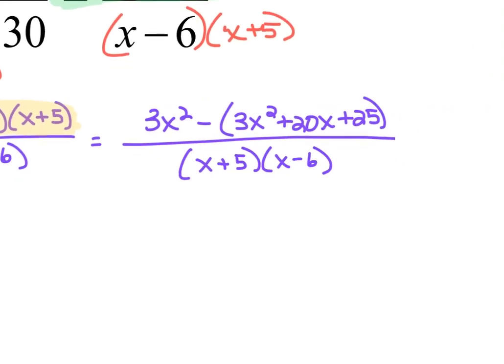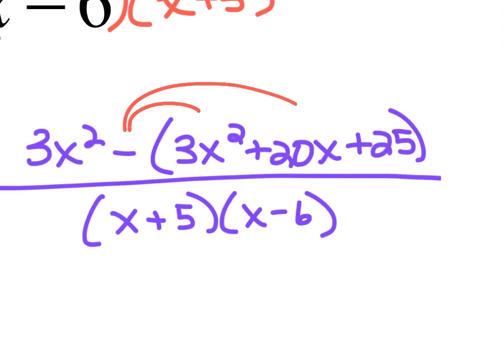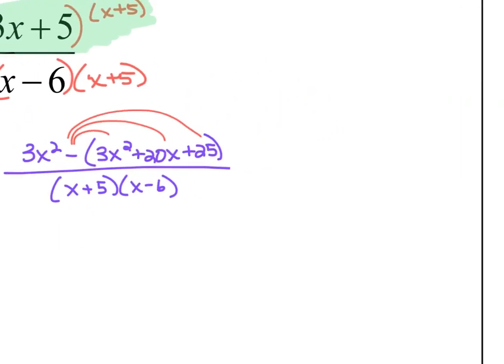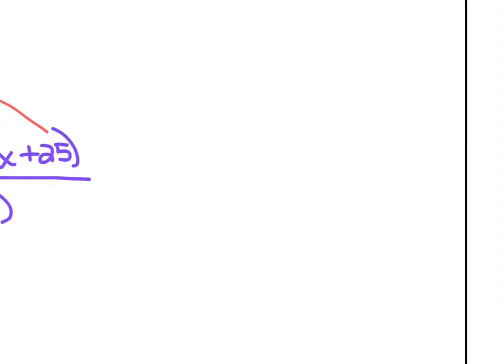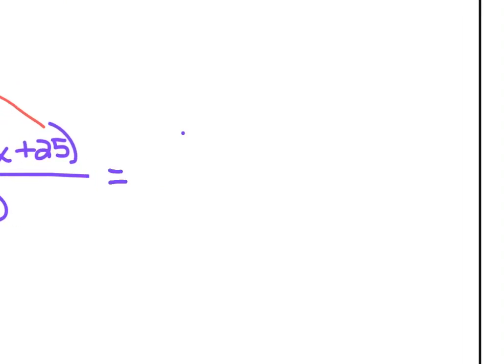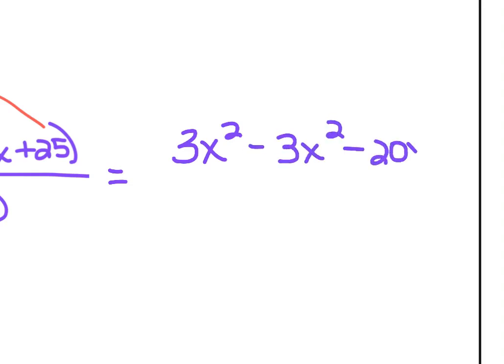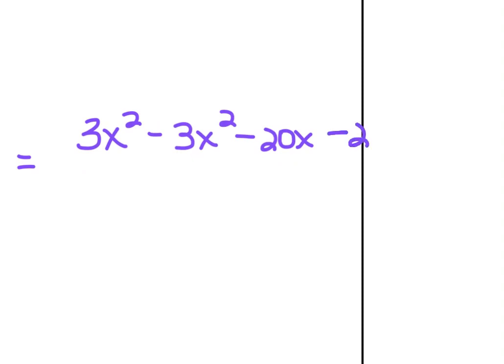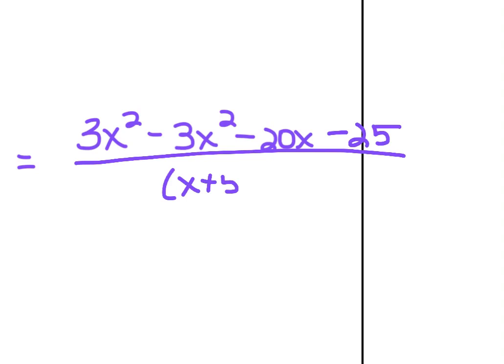And now when you simplify, remember that you have to multiply -1 times each of the terms in there. I think I can write that over here. And so what you end up with in the numerator is 3x squared minus 3x squared minus 20x, and then minus 25 all over x plus 5 times x minus 6.